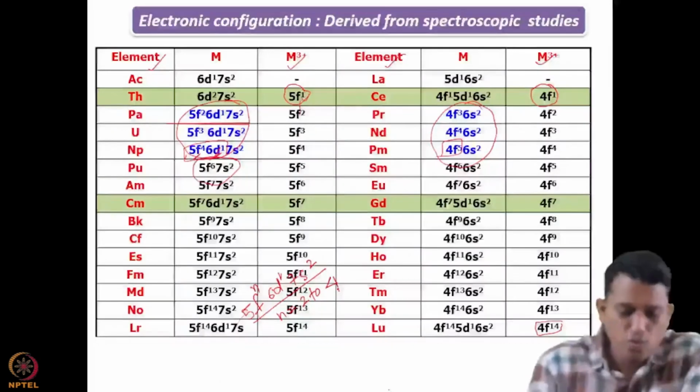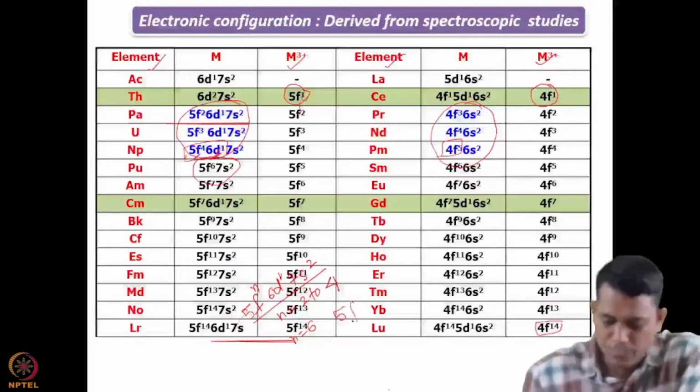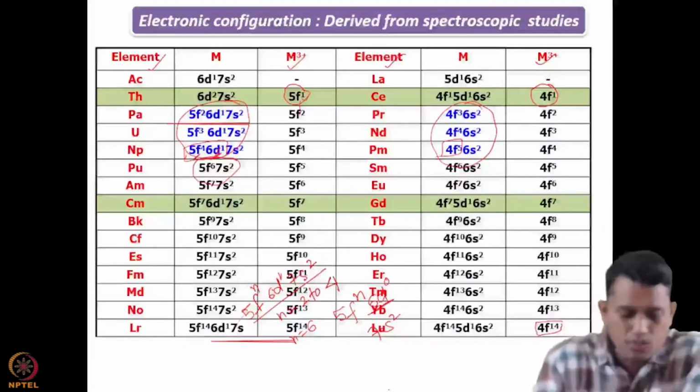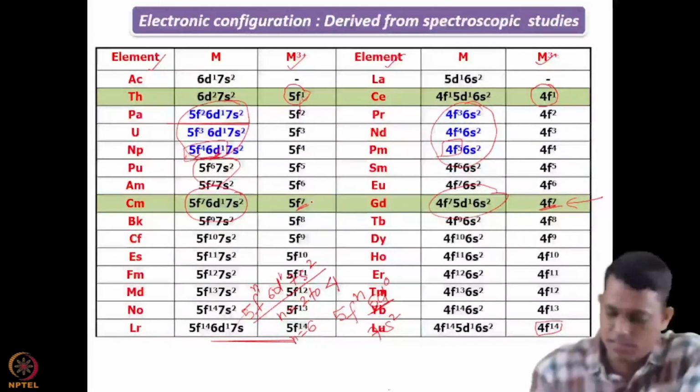But when you go beyond, the most preferred configuration is 5f^n 6d0, with no d electron, and 7s2. This preference goes up to americium, and after that you can again see the involvement of the d orbital. That basically comes from the half-filled shell, that is 4f7 and 5f7.